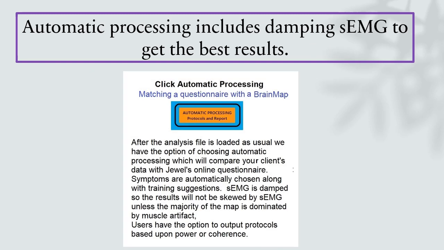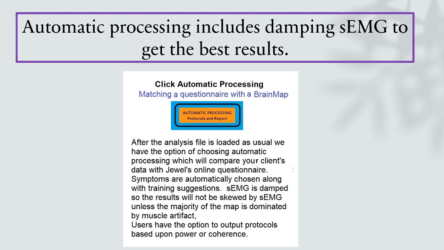So just a word about automatic processing. Automatic processing for QEEG also includes damping the sEMG. If we don't damp the sEMG, then you will receive report results that will be skewed by muscle artifact. This is essential in finding the correct protocols because we don't want protocols based on artifact. Otherwise, your protocols for many clients will be T3, T4, F7, F8, FP1, FP2.